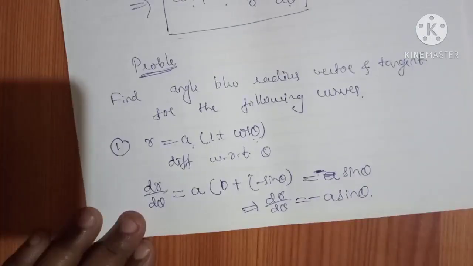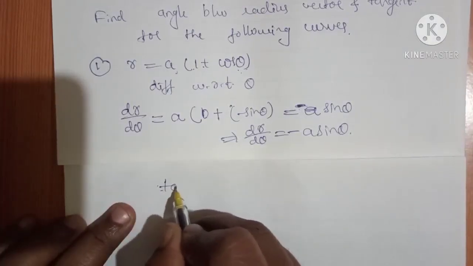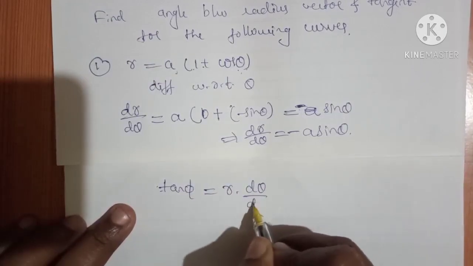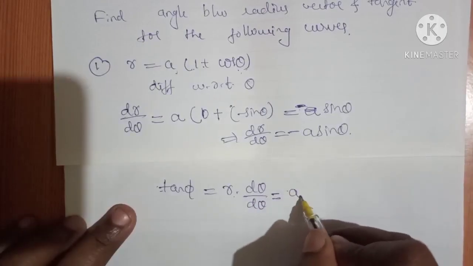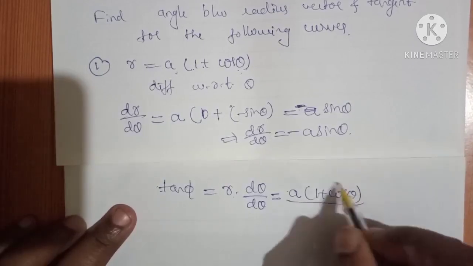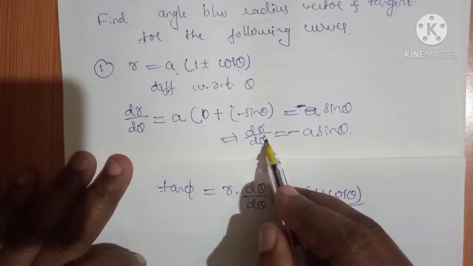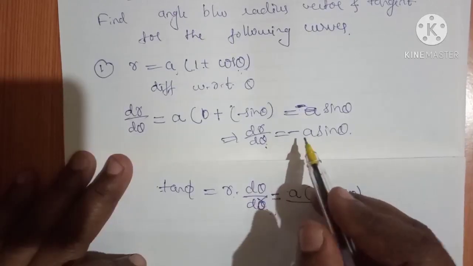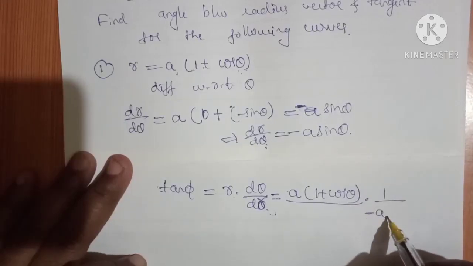Next, we have the formula tan phi equals r d theta divided by dr. So substituting the r value, which is a into 1 plus cos theta, and the dr by d theta value: here we need d theta divided by dr, that is 1 by minus a sin theta.